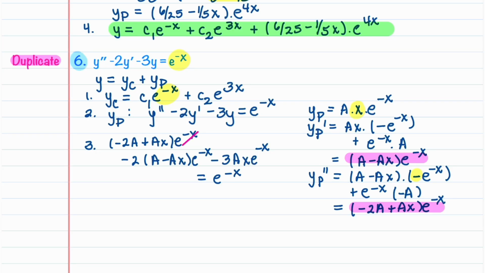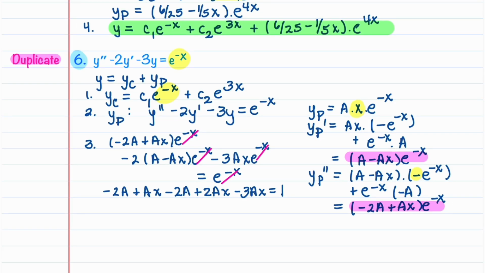Let's go ahead and cross out our exponential, and let's see what we have left. We have minus 2a plus ax minus 2a plus 2ax minus 3ax is equal to 1. Let's first look at our constant terms. That's this one, and I guess that's it for the left-hand side. This gives us minus 4a.